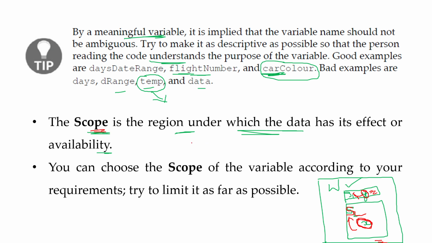We shall see examples for this also in the coming class. And now a recommendation: you can choose the scope of the variable according to your requirement, but try to limit it as far as possible. This means you can set the scope of variable X and of Y to the workflow itself, but it is not recommended.